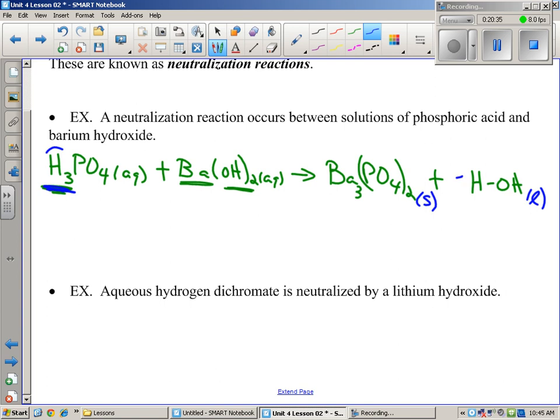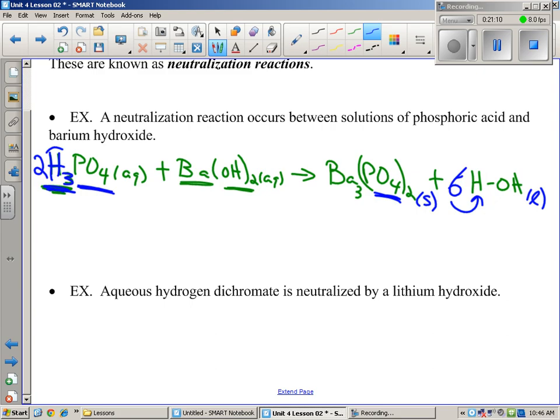If I do that, look, phosphate, there's only 1 here, but there's already 2 here. So if I did that first, I'd have to go back and fix that. Not a big deal, but there are 2 phosphates there. I probably want to start with a 2 out of here, which makes 6 H pluses here, so I'm going to put a 6 for that H there.